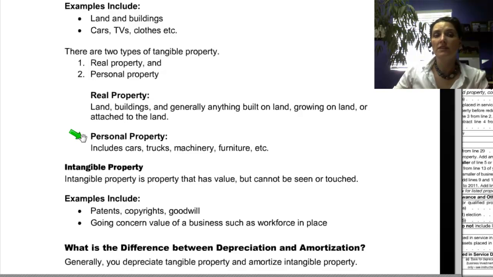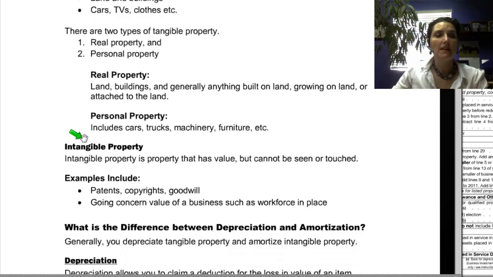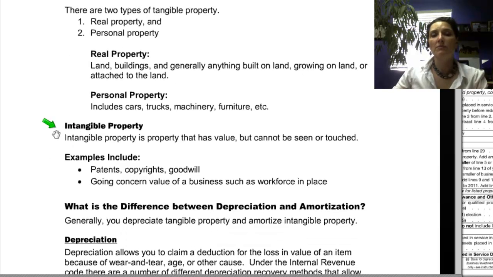Personal property includes any other form of tangible property that is not real property, and it includes such things as cars, trucks, machinery, furniture, etc. Intangible property is property that has value but cannot be seen or touched, and examples of intangible property include things like patents, copyrights, and goodwill, and the going concern value of a business, such as a workforce in place.